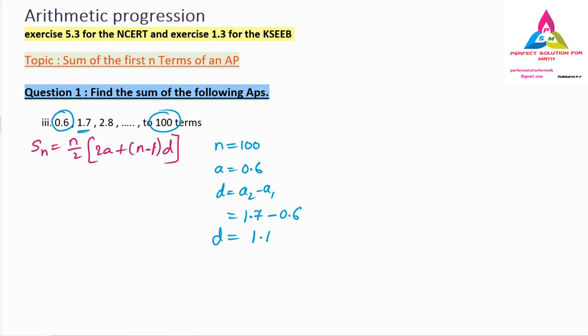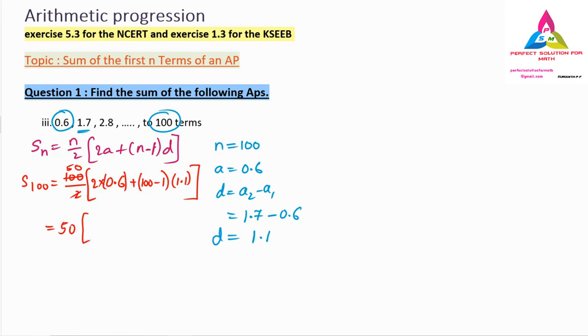So what is the n value? n is 100, so we have to find S100. S100 equals 100 by 2 into 2 into the a value 0.6. If you write the fraction value in a bracket it is very good, or you have to write it clearly. Plus n minus 1, that is 100 minus 1, into the d value 1.1. Again I have written it in a bracket because it is a fraction value. For the calculation: 2 1s are 2, 5 2s are 10, so 50 is the first thing.